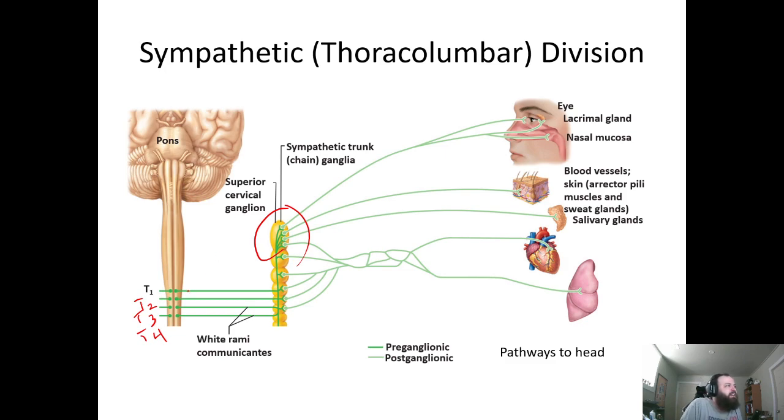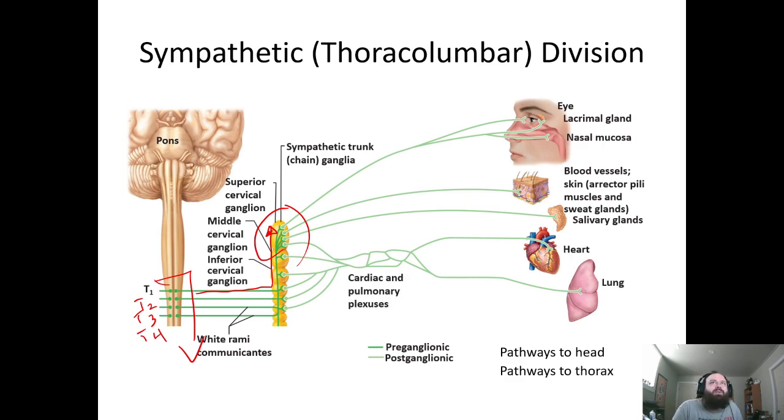So what you're seeing is the preganglionic neurons are sending their axons up into this region. We don't have cranial nerves to deal with when we're talking about the sympathetic division because the sympathetic division's neurons aren't located in the brain. They're instead located in the thoracolumbar regions down here.